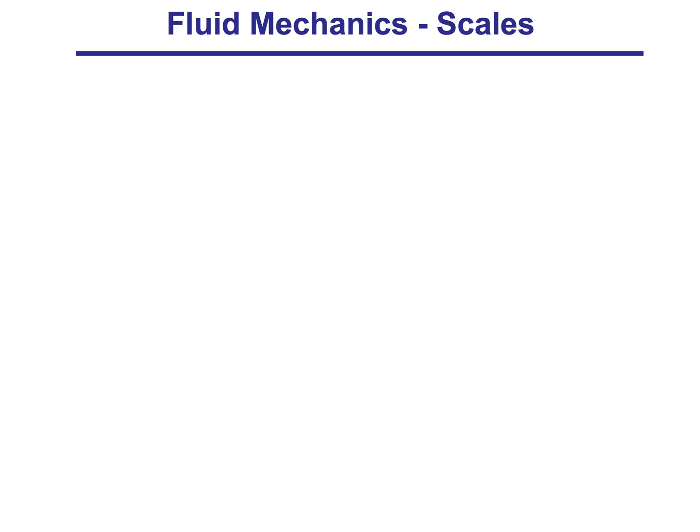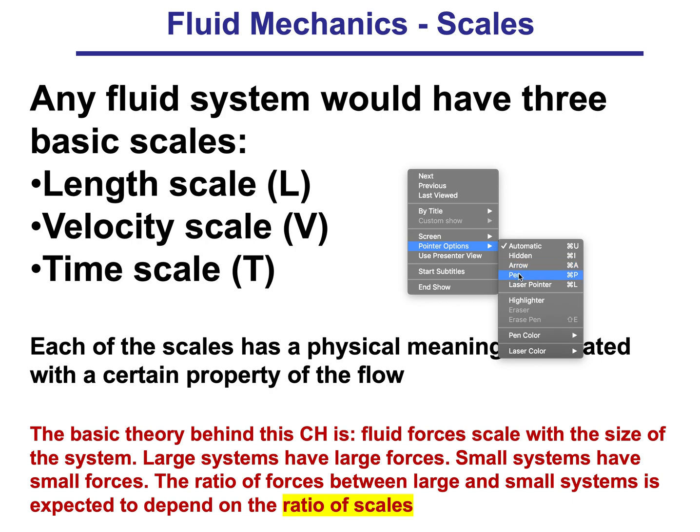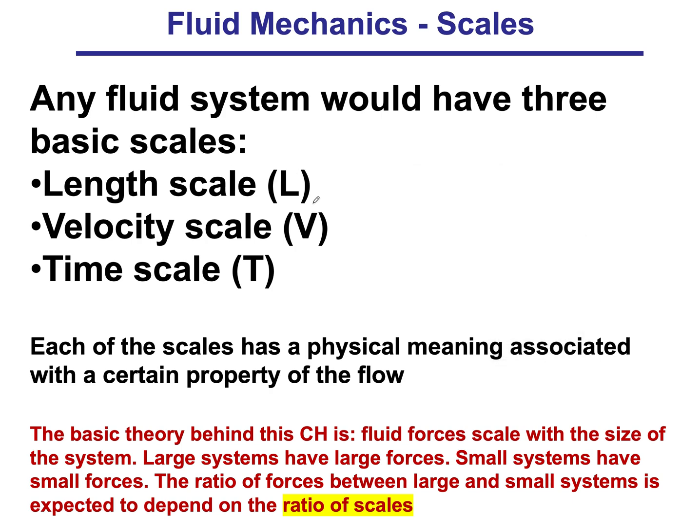And so in fluid mechanics, there are actually 3 basic scales that we are interested in. Length scales, that's very obvious because that's what we've been talking about so far.